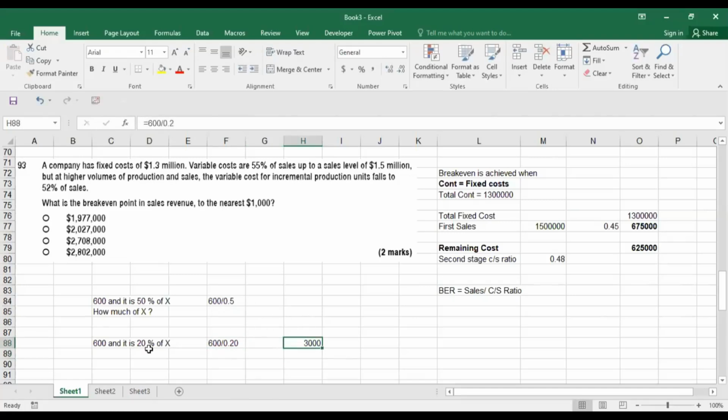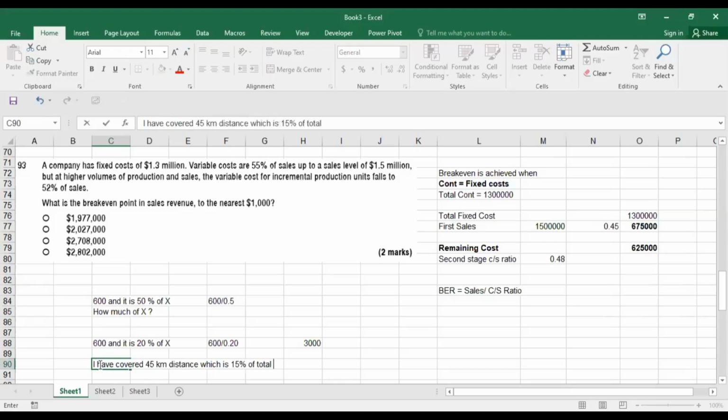So this is one concept in mathematics. Say I have covered 45 kilometers, which is 15% of total distance. And then I ask how much is the total distance?